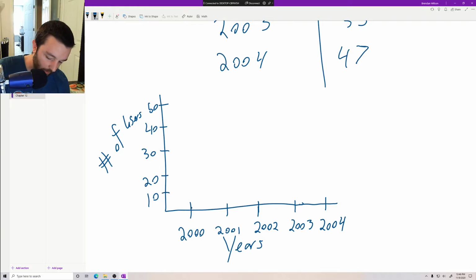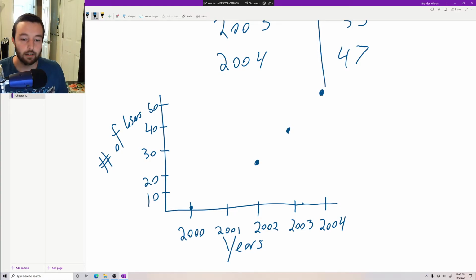So at 2000, we have only a half, so it's pretty close to 0 based on our scale here. 2001, we don't have a data point. 2002, we are at 20. 2003, we're at 33. 2004, we're at 47.